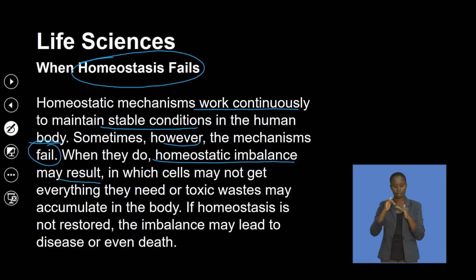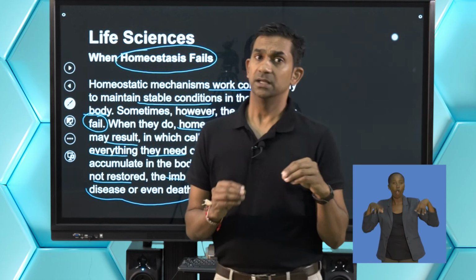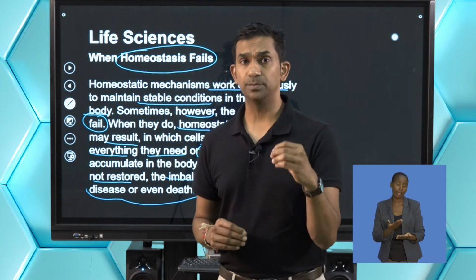That means there's an imbalance in levels of hormones, in which cells may not get everything they need, or toxic waste may accumulate. If homeostasis is not restored, the imbalance may lead to disease or even death. A typical example of that is the process of maintaining a normal blood sugar level.